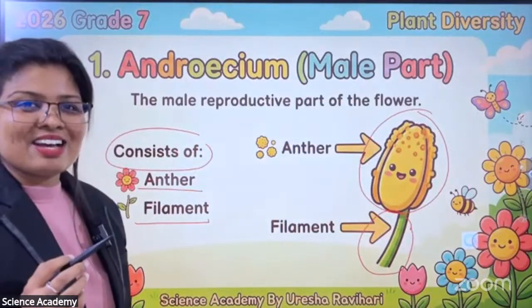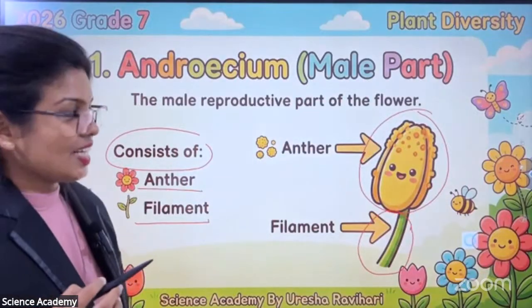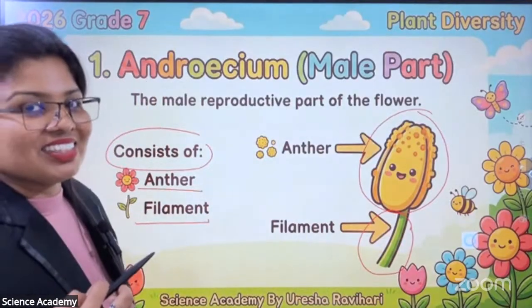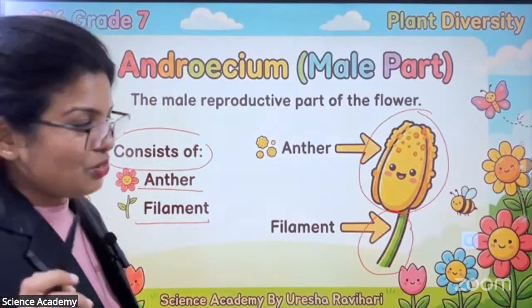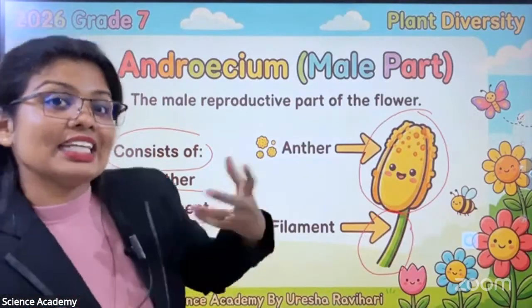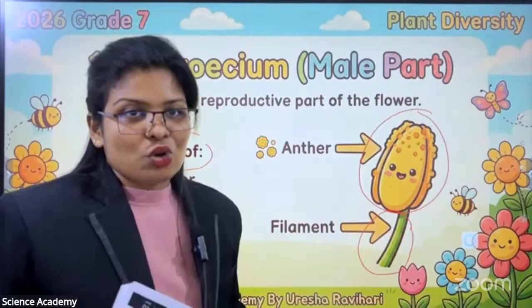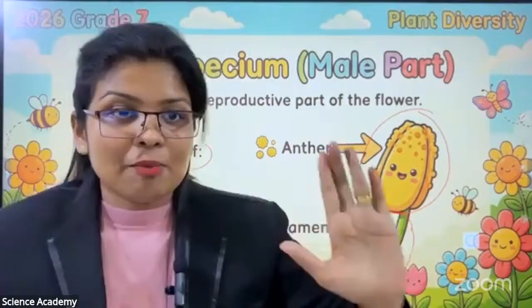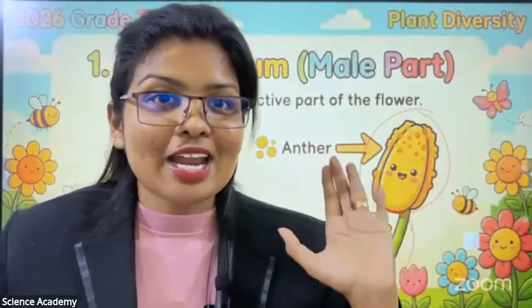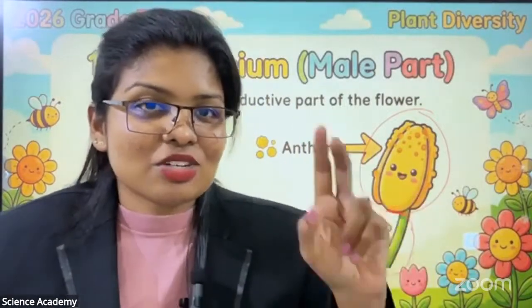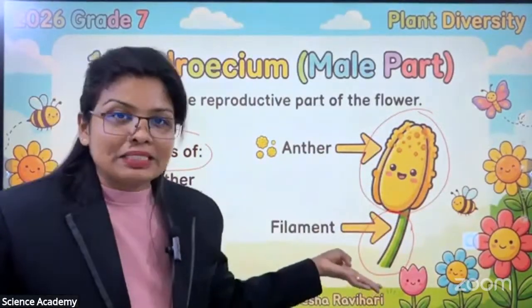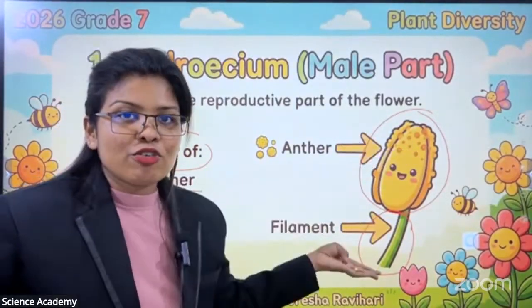Anther means Paragadaniya in Sinhala, and filament means Sutrika. But that much is not needed. You can keep the English names in your mind. The male part is called androecium. Androecium consists of two parts, anther and filament.